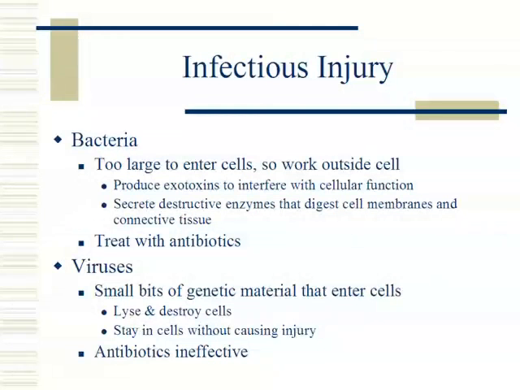The major difference is that your bacteria are too large to enter the cells, so they work outside the cell. They produce exotoxins that get into the cell and interfere with cellular function, or they secrete destructive enzymes that digest the cell membranes and their connective tissue.